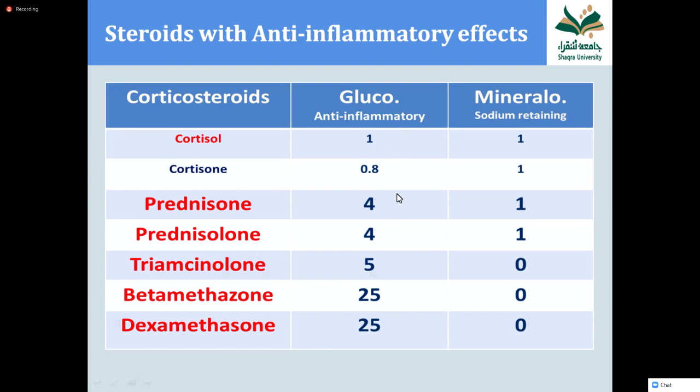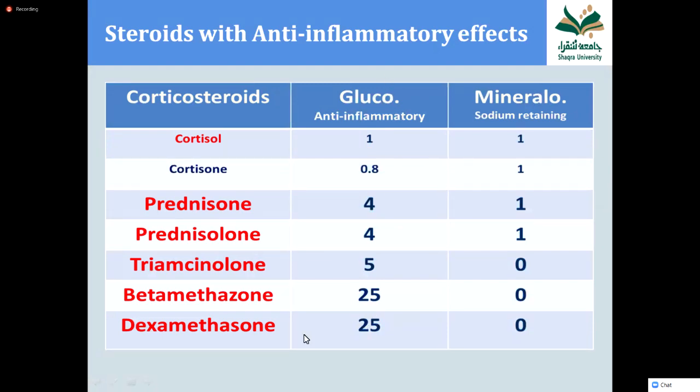Now, we don't want our steroidal anti-inflammatory drugs to have mineralocorticoid effects. That's why research was going on. And dexamethasone has 25 times more anti-inflammatory effect than cortisol and has no sodium retention effect. So it will not affect the cardiovascular system.